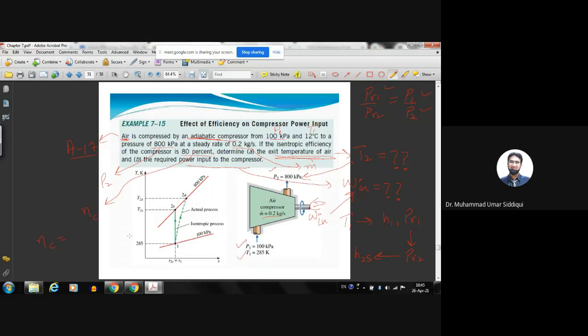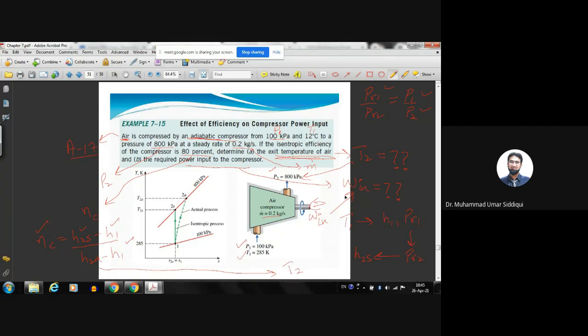We know H1, we know H2s, and we know the efficiency of the compressor, so we can determine H2a. Now we're going to use this H2a value, go back into table A17, and corresponding to H2a we determine T2, and this will be our actual T2.